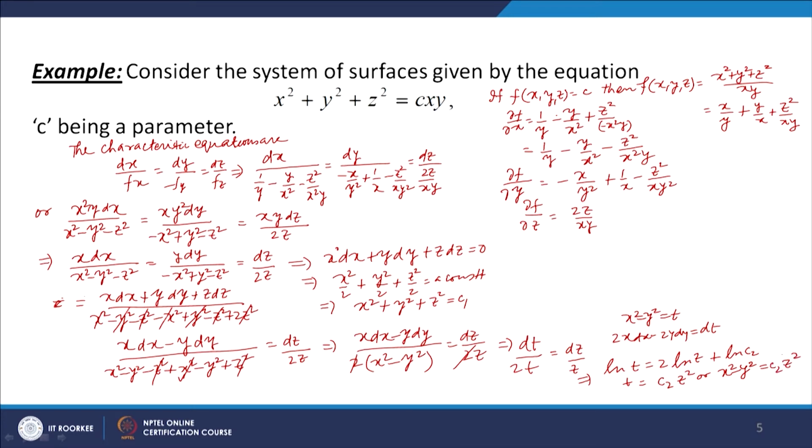So we get one solution as x square plus y square plus z square equal to c1, and another solution as x square minus y square equal to c2 times z square, or we can say x square minus y square upon z square equal to c2.